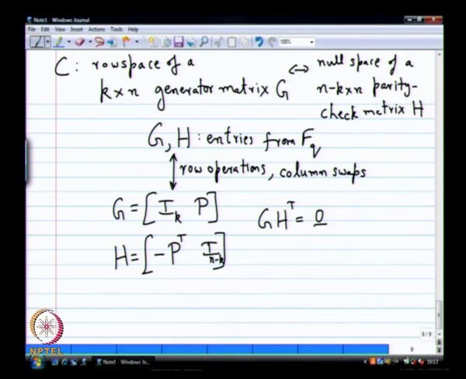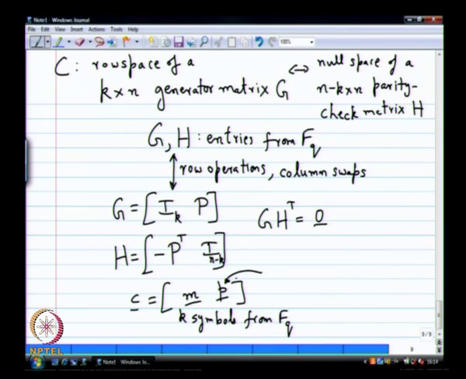Okay. So, you can do all the previous things that we did, there is no problem. You can think of a code word C as consisting of a message part m, which is k symbols from Fq. I should be careful, I cannot say k bits. And then a parity part p, which contains n minus k symbols from Fq.